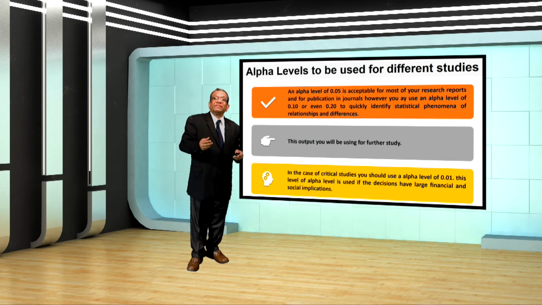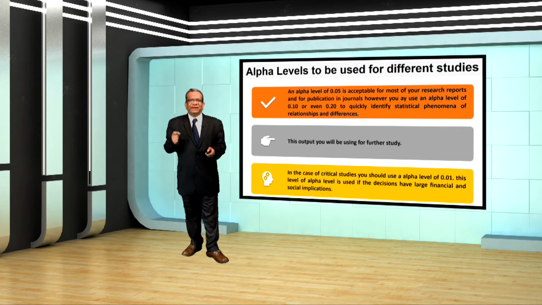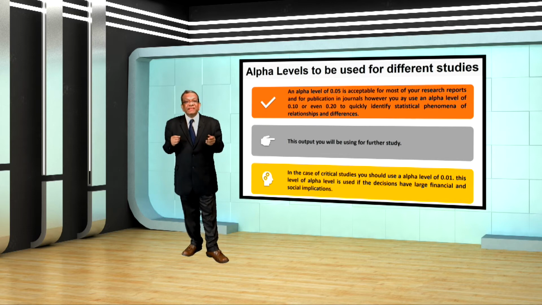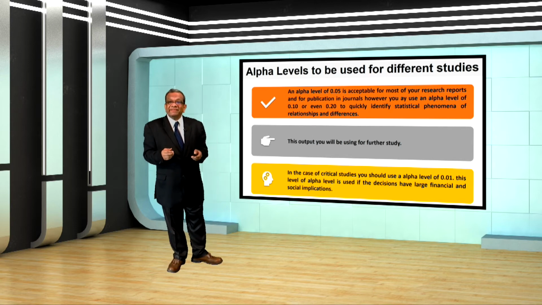If you want a quick research within a week, you take a higher alpha level, therefore 0.1 or even 0.20, and then go for the further study. In the case of critical studies, you should use an alpha level of 0.01. This level of alpha is used if the decisions have large financial and social implications.